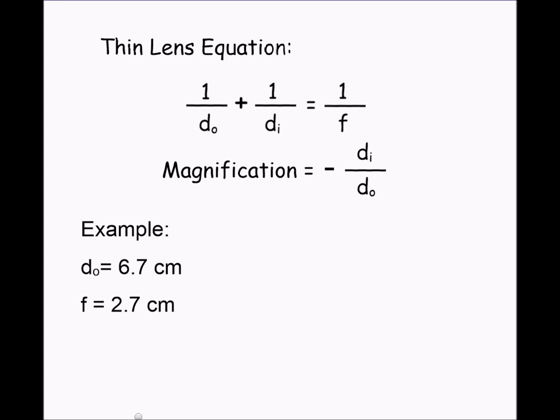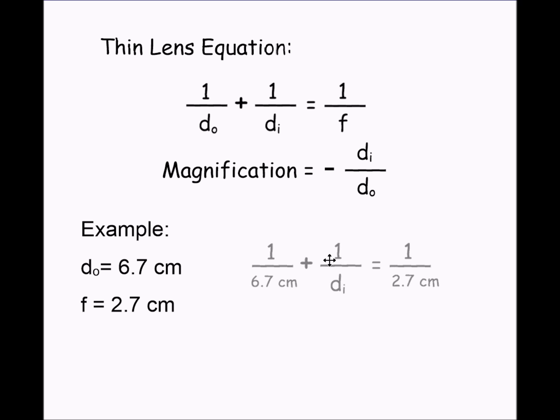Alright, so I've written down the object distance of 6.7 centimeters, and the focal length of 2.7 centimeters. The unit of measure here does not really matter, as long as they both have the same length units. Now I'm going to take these two values and plug them into the thin lens equation.